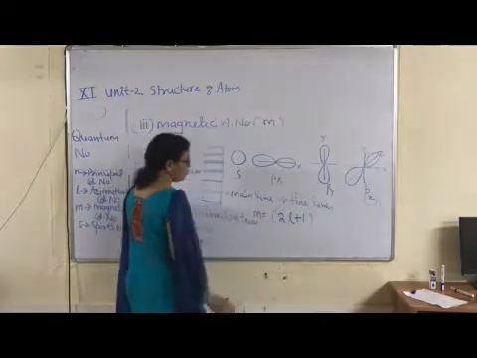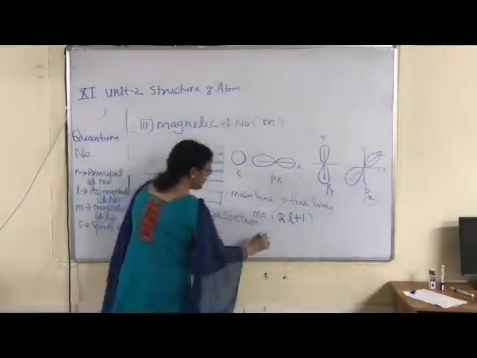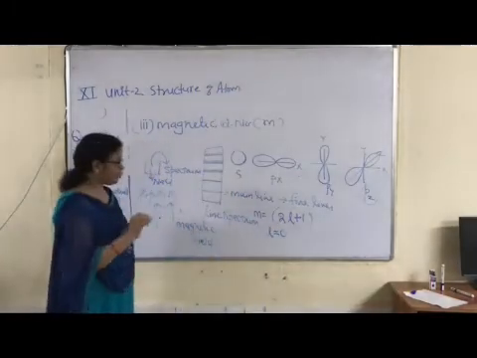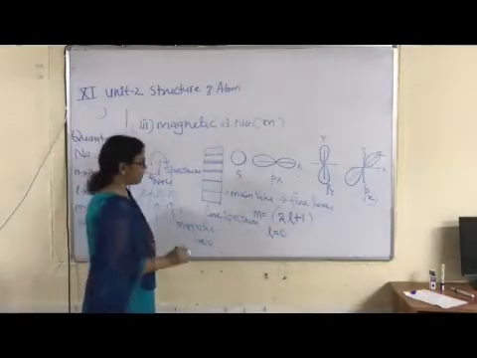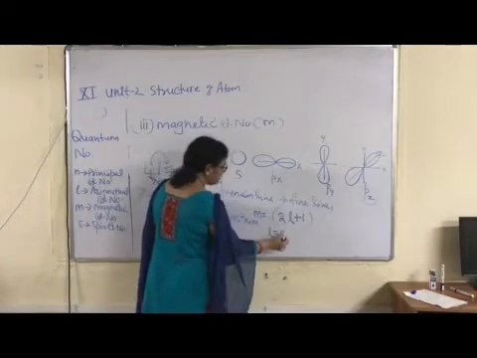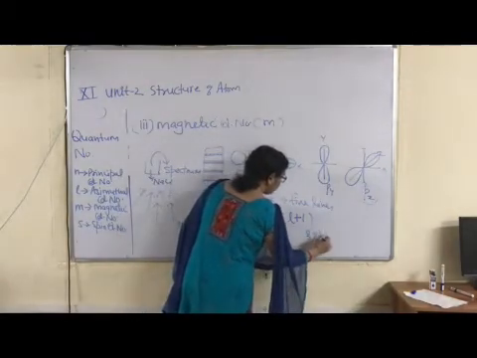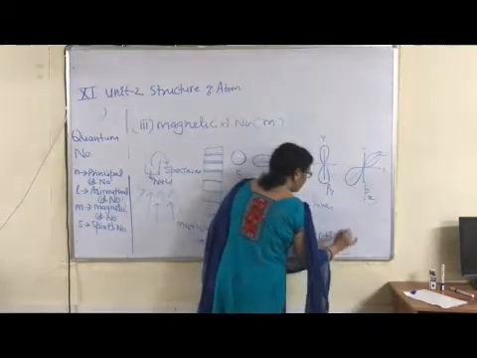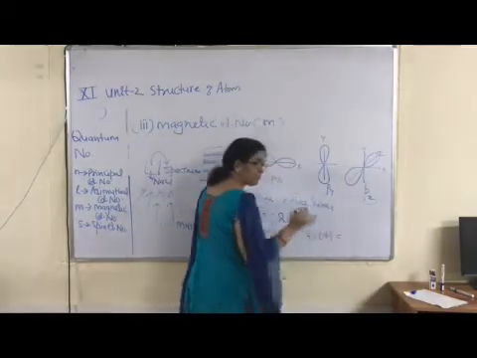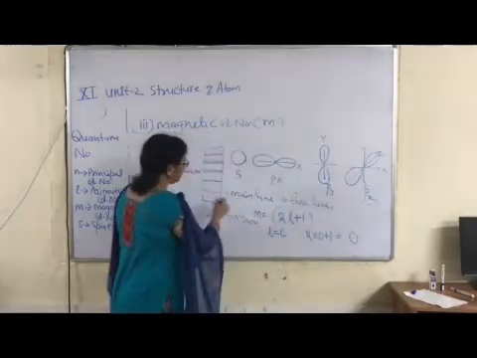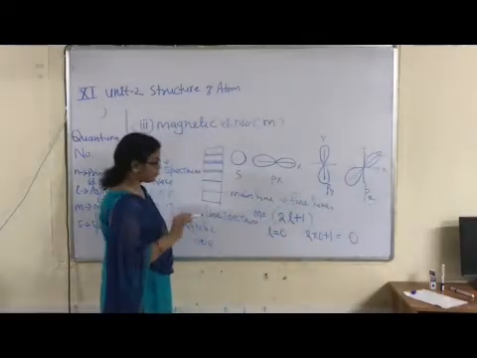L means the secondary quantum number. If L is equal to 0, as you know, the first value of the secondary quantum number is 0, then substitute its value in this formula. 2 into 0 plus 1 is equal to only one value. 1 means first value, and the first value of this magnetic quantum number is 0. Right?